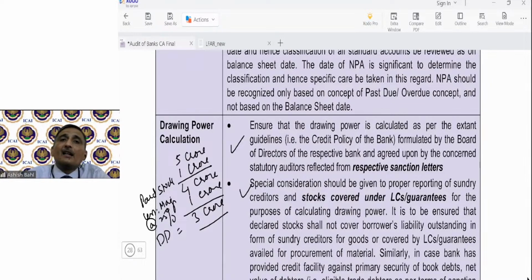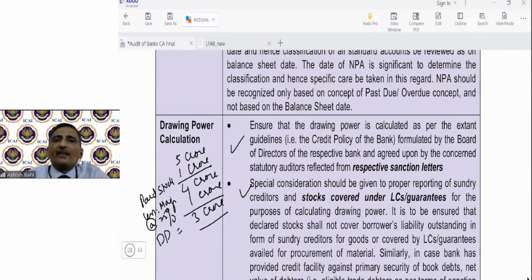Clear? Similarly, if the cash credit facility has also been granted against the primary security of book debts, then the value of book debts is also included while calculating drawing power. Sanction letters of banks normally have a condition that book debts over a period of 90 days are to be excluded while arriving at drawing power.